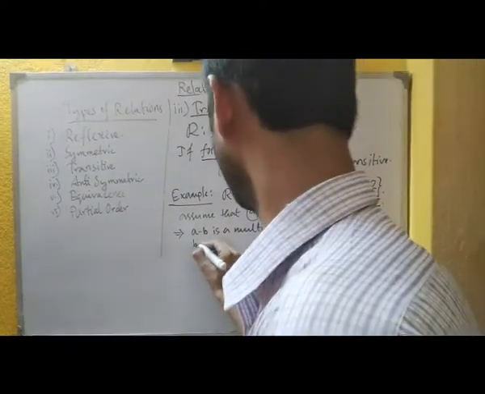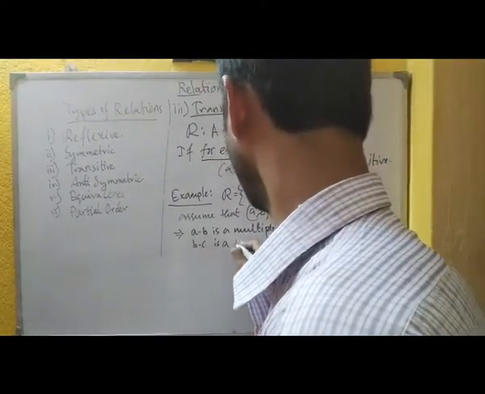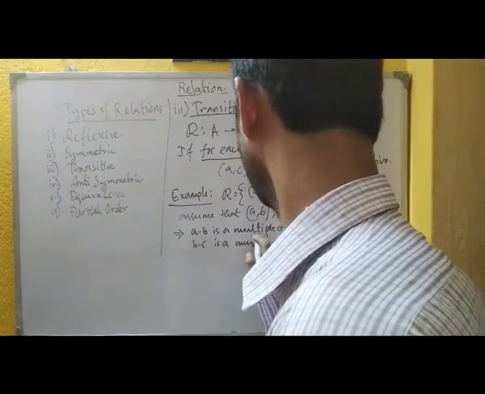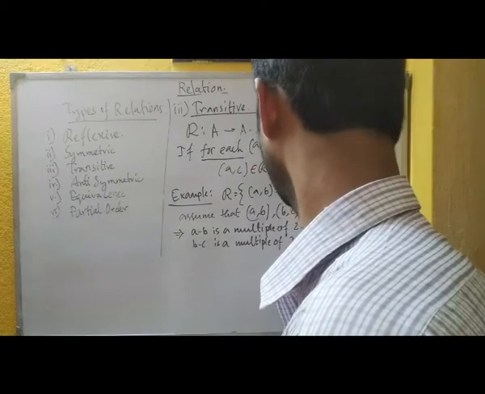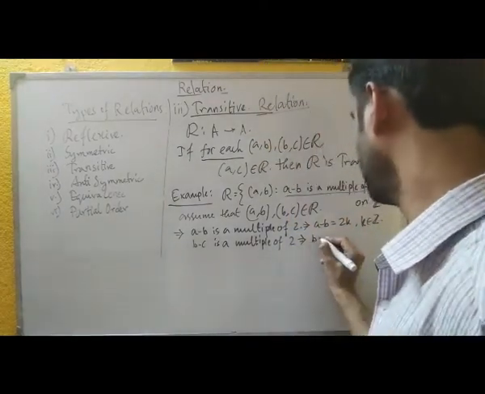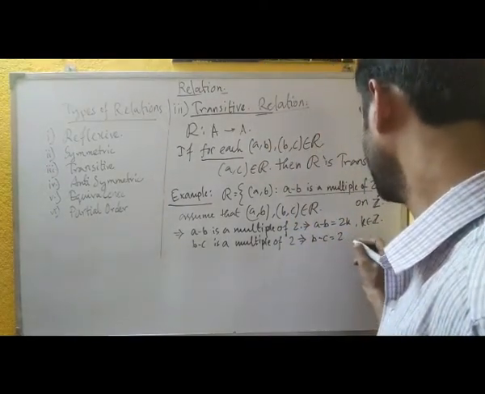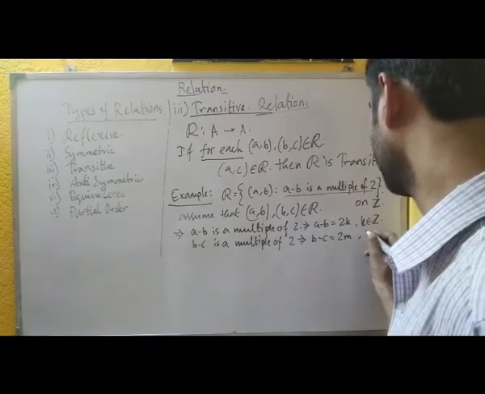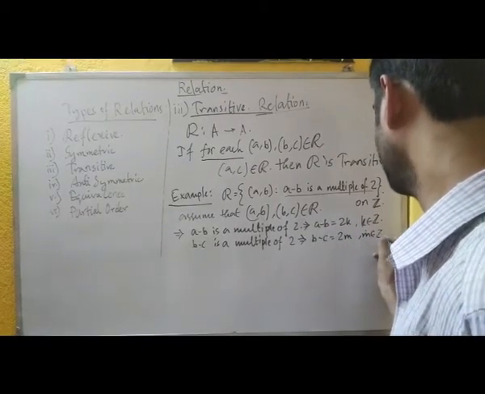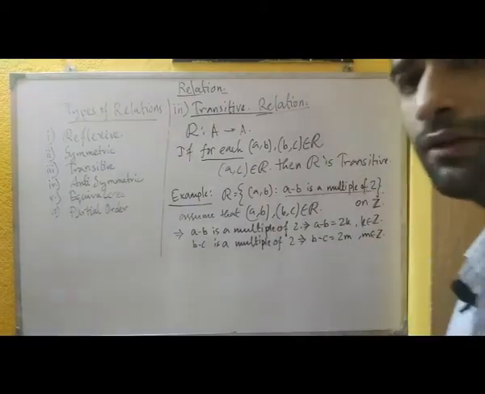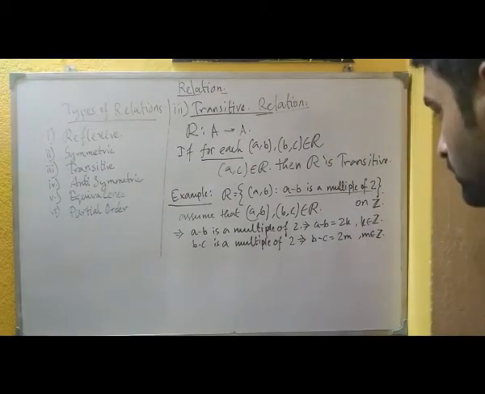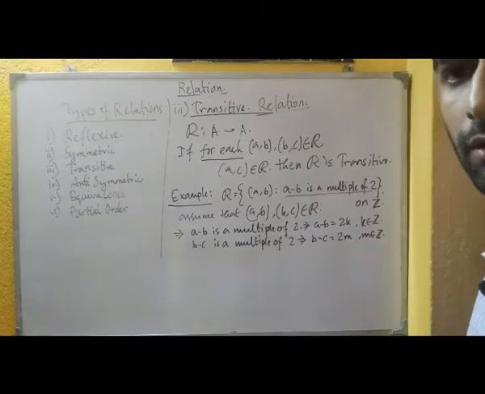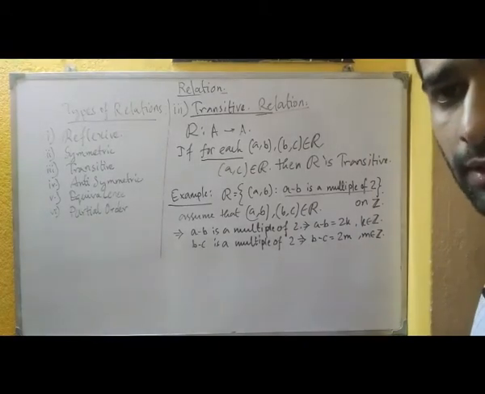And also b minus c is again a multiple of 2, and that implies that b minus c is in the form of 2m for some integer m.